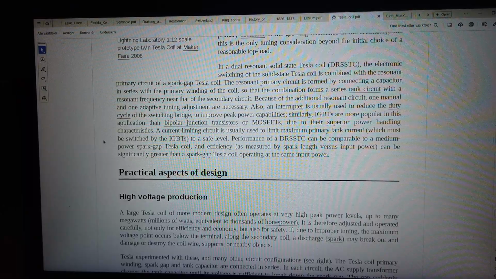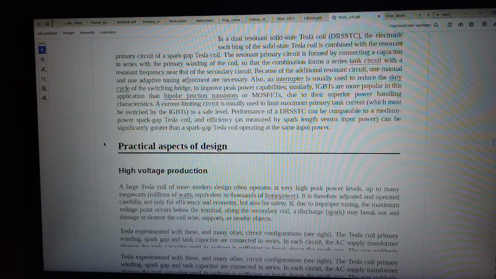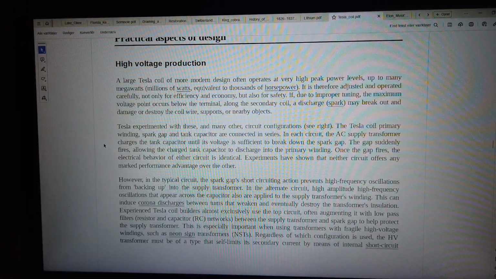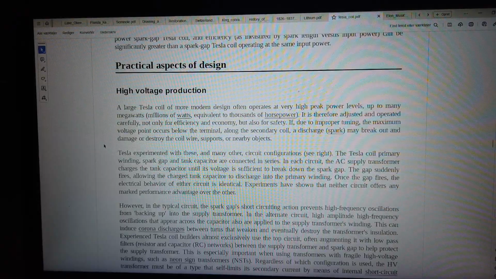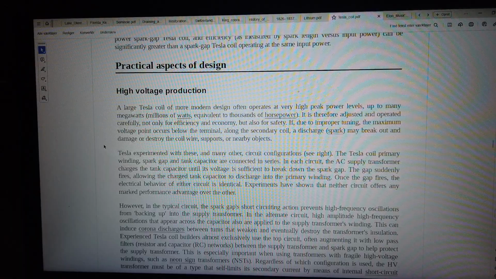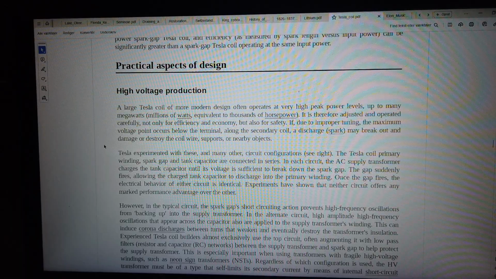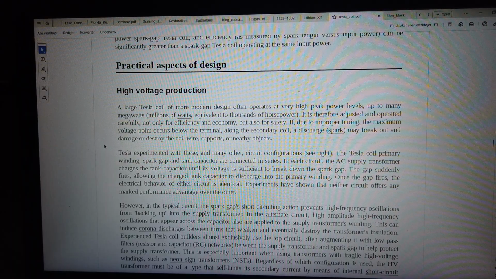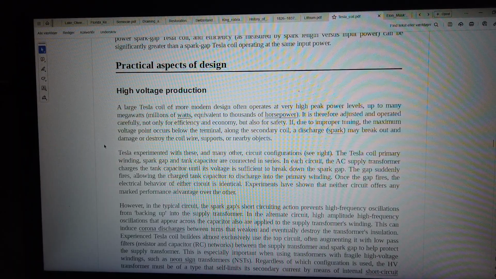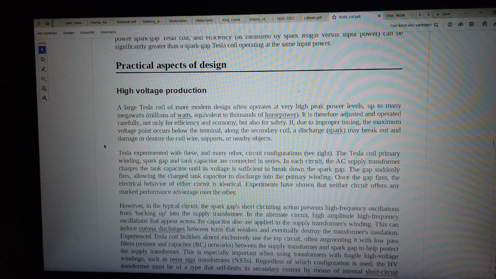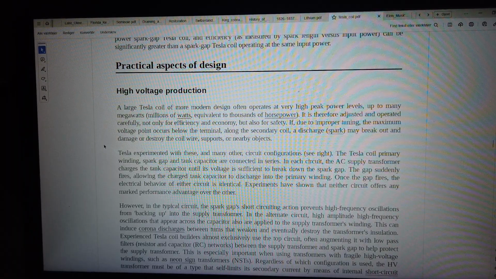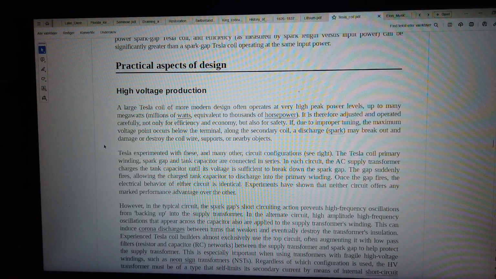However, in the typical circuit, the spark gap's short-circuiting action prevents high-frequency oscillations from backing up into the supply transformer. In the alternate circuit, high-amplitude, high-frequency oscillations that appear across the capacitor also are applied to the supply transformer's winding. This can induce corona discharges between turns that weaken and eventually destroy the transformer's insulation.